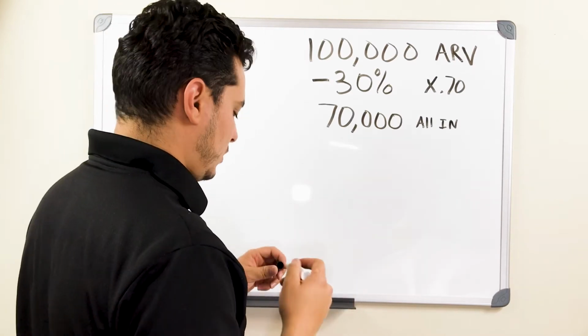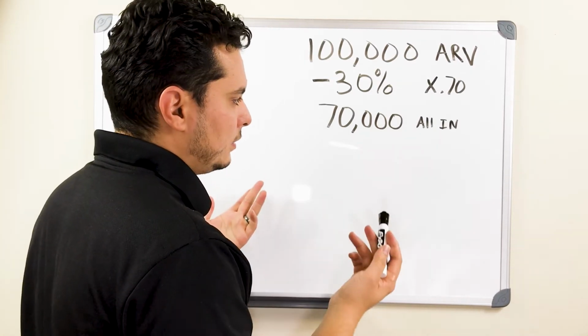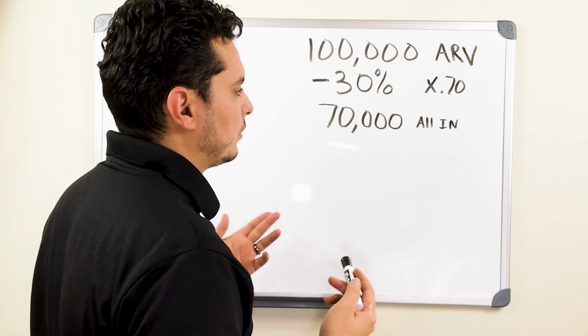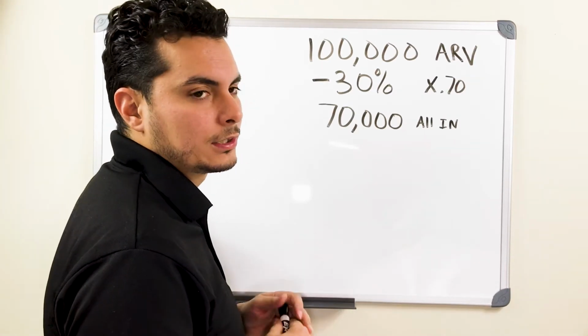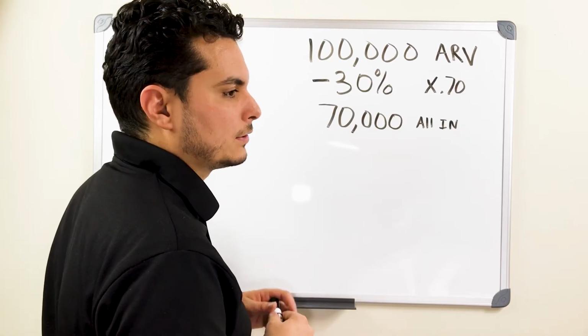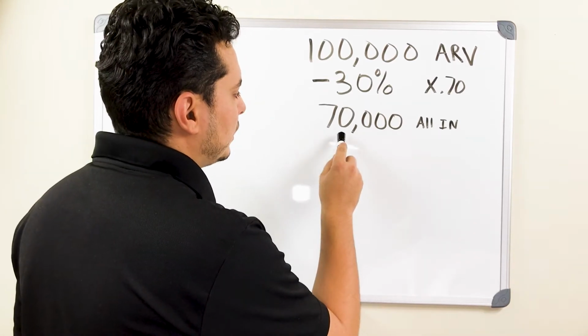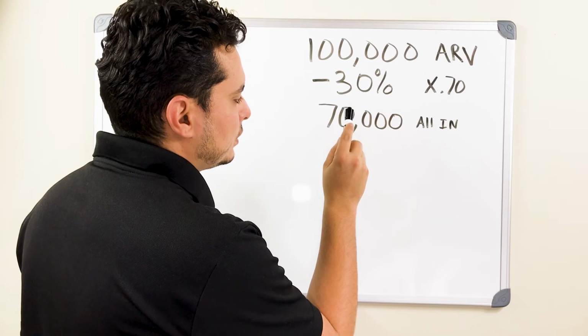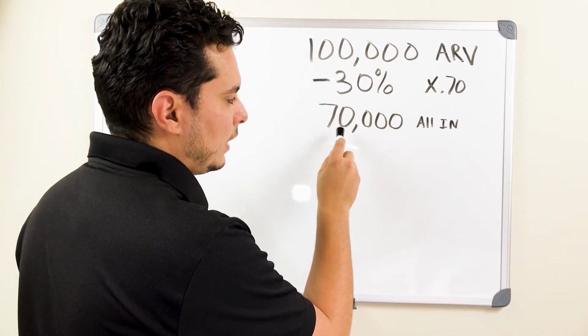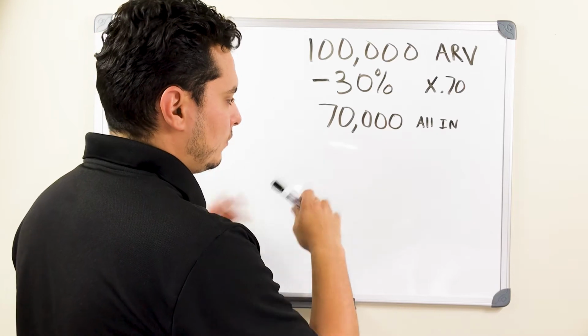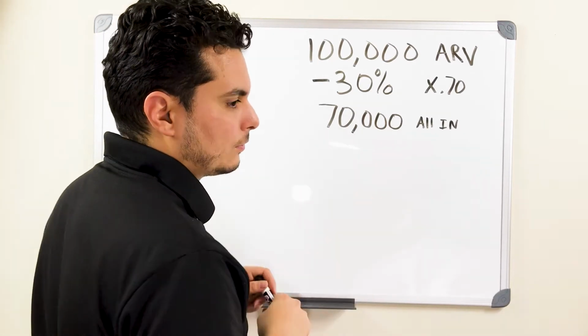And the reason why, this is a widely used formula. Somebody's going to want to make $30,000, and then of course they're going to pay the realtors and whoever else has to get paid. But this is the all-in. That means purchase, repairs, assignment fees, everything has to be able to be paid all the way with 70 grand.